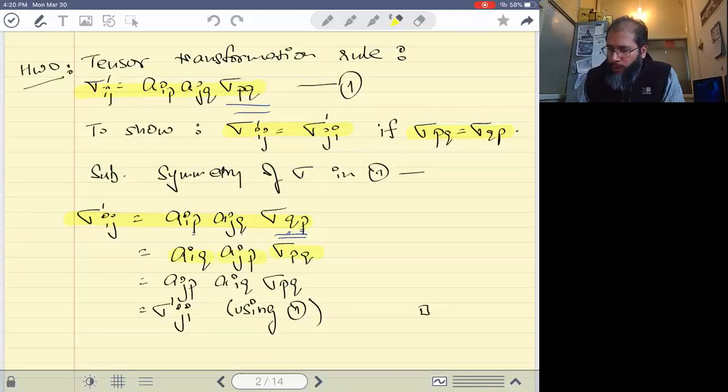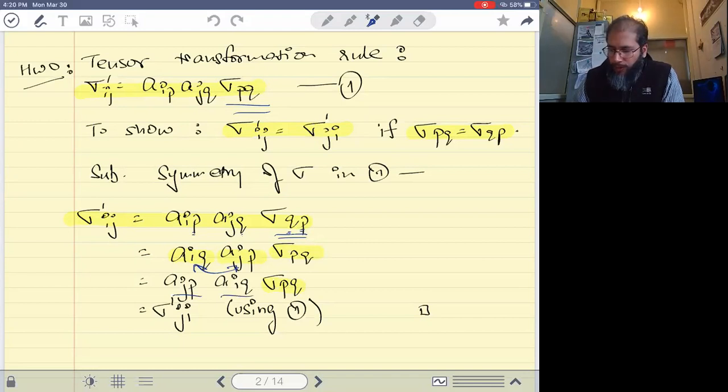Then I keep the sigma PQ intact, and I just move around the terms. In this step, I move AJP first and AIQ second, so AJP becomes the first term and AIQ becomes the second term.